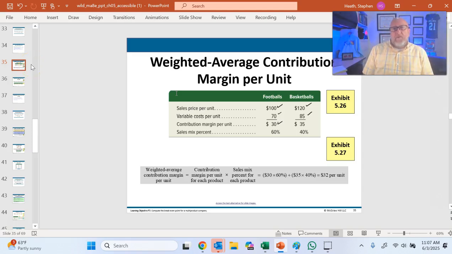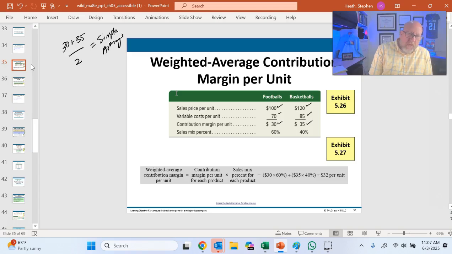Alternatively, the variable cost for basketballs is 85, and we're therefore earning $35 for every basketball that we sell. Okay? So now, I'm not going to just take 30 plus 35 and divide by 2, right? 30 plus 35 divided by 2, that's what we call the simple average. It's just the average of the two specific products.